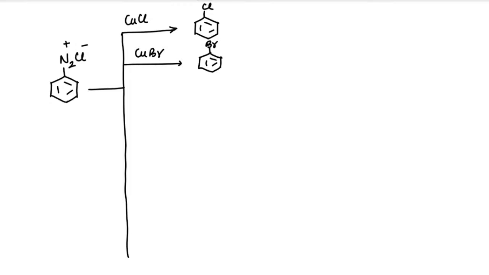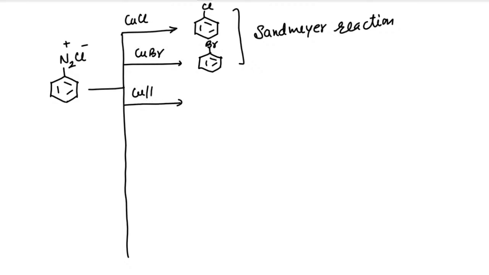Okay, and these reactions are known as, what is the name of these reactions? These are called Sandmeyer reaction. If there is a little modification, that we use copper powder in HCl or copper powder in HBr, again we get chlorobenzene and bromobenzene.